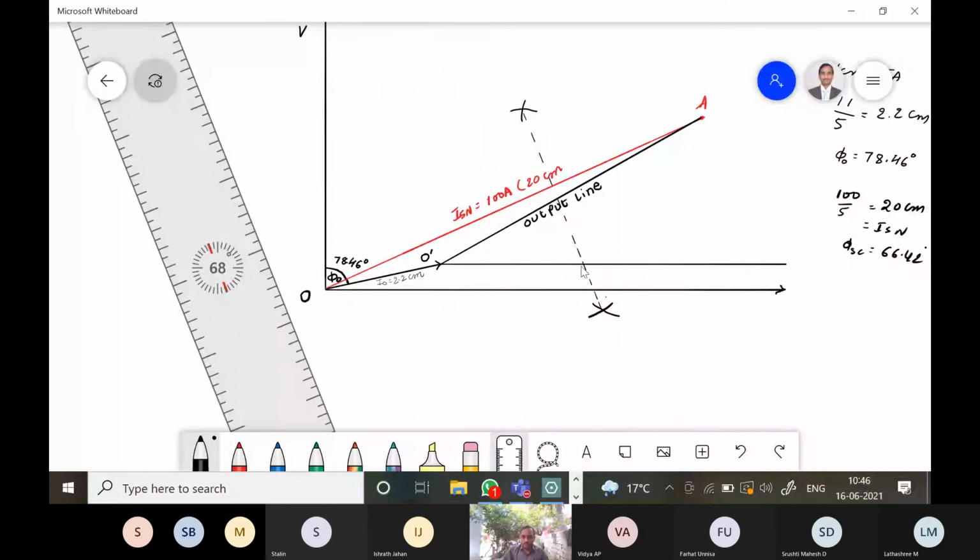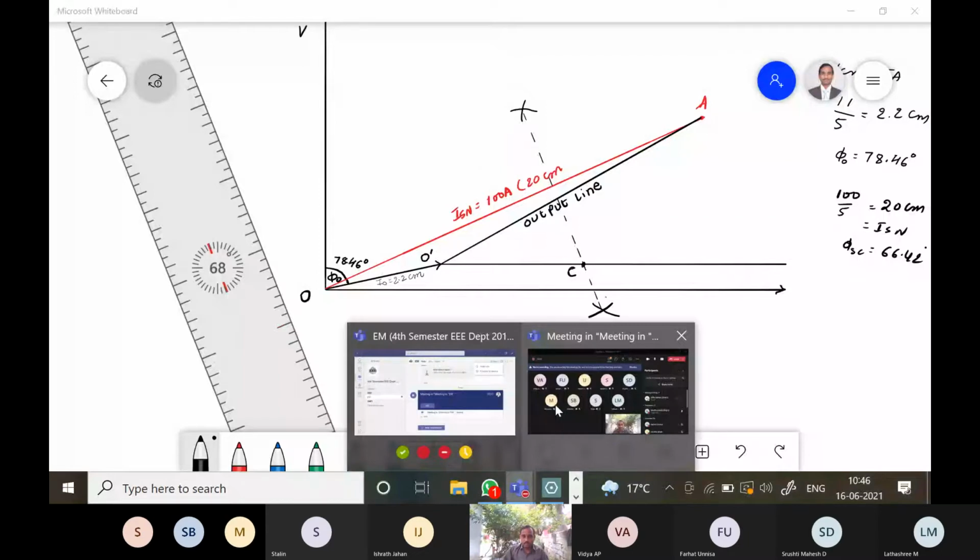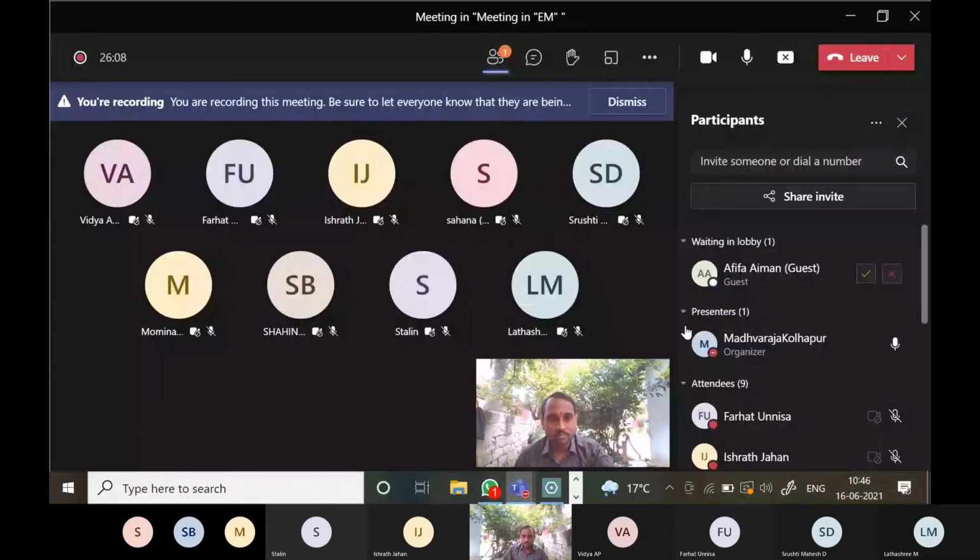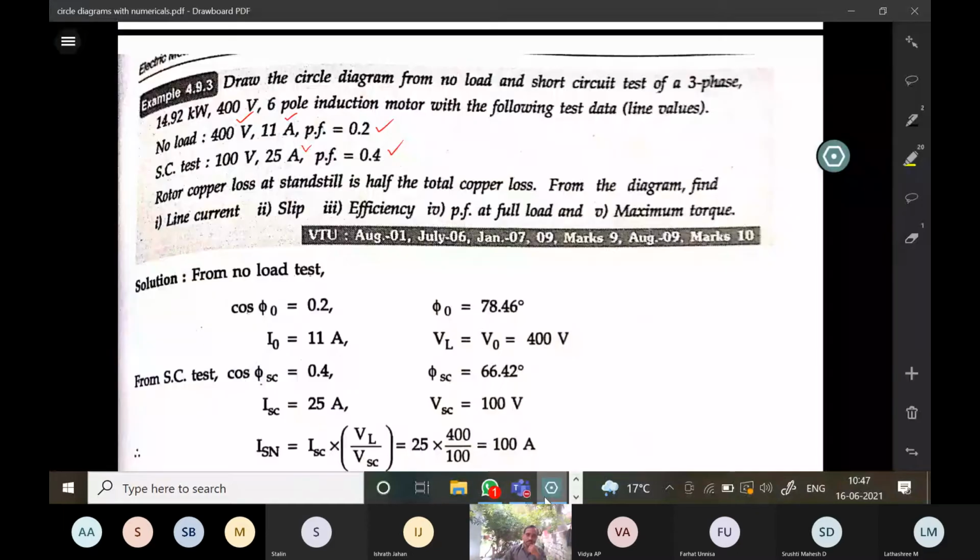So it will touch the O dash line at point C. This is called as point C. Okay, taking C as center, draw the semicircle.